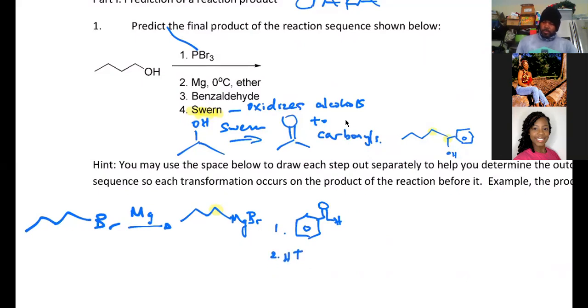Would the alcohol just go back to a carbonyl, like how you just said? Yeah, the alcohol is just going to get converted into a ketone.